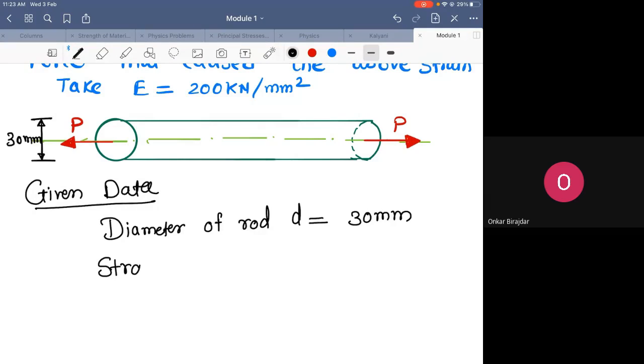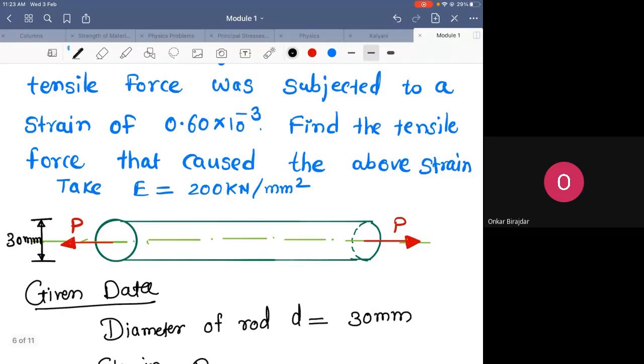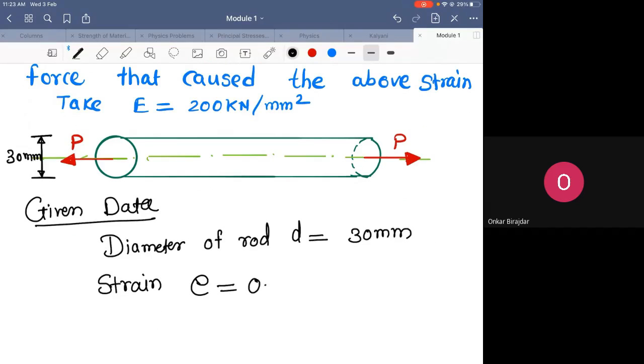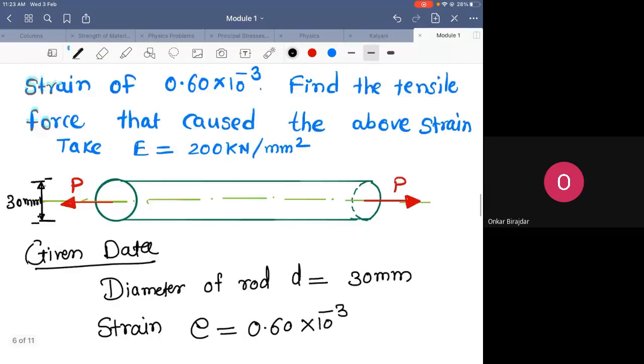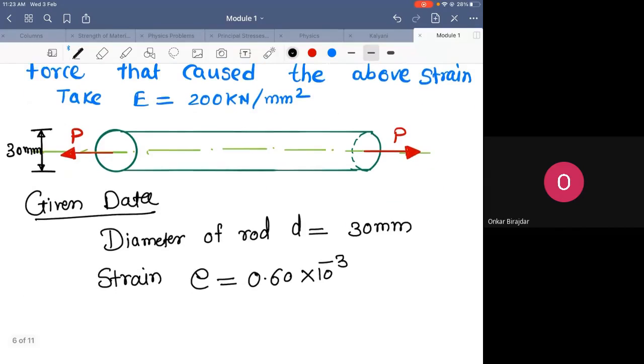Strain developed in the rod, small e, is equal to 0.60 into 10 to the power minus 3. It has no unit. And then the value of Young's modulus E is given, 200 kilonewton per mm square.